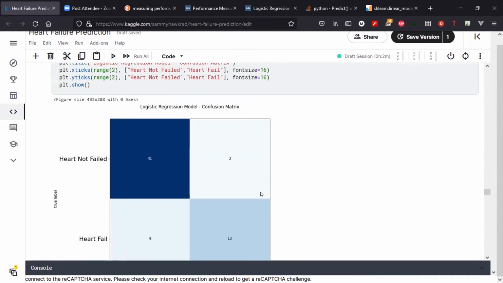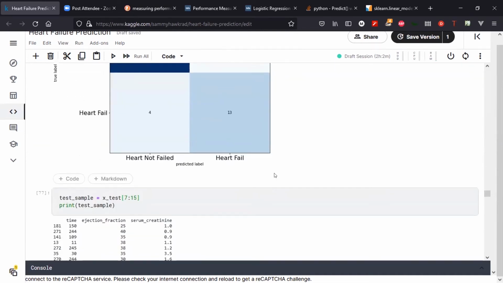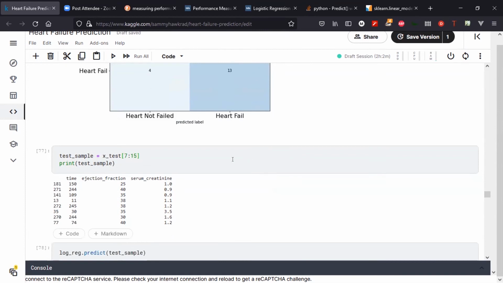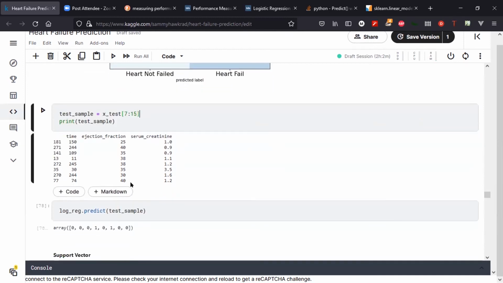So the prediction is done, but to actually see the results of our model, we can do a test here as we used the time, the ejection fraction, and the serum creatinine. We are using some of the data from our test results to actually see how the model predicts some of the results.